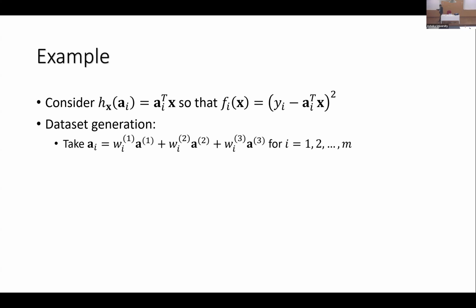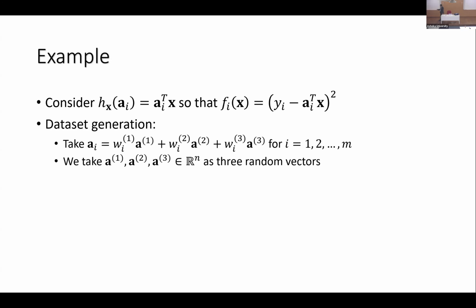I have created these a_i, my data features, by taking 3 random vectors a_1, a_2, a_3, and then combining them randomly.